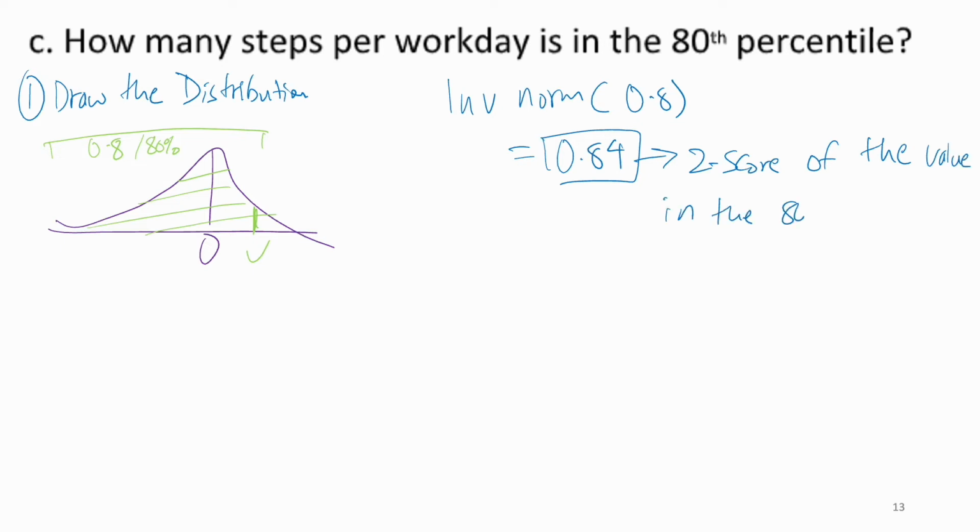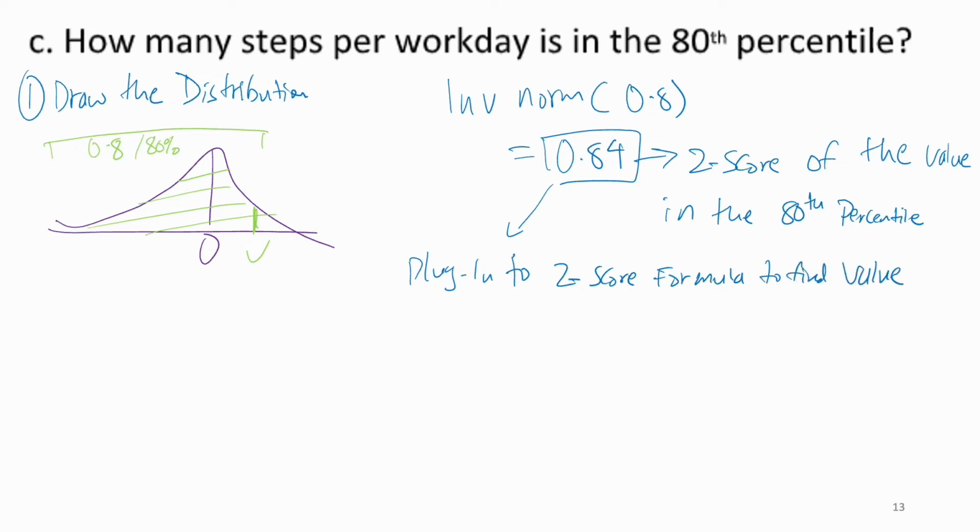So using this new information, we'll plug it into the z-score formula to find the value. So we get 0.84 equals value minus mean over standard deviation.